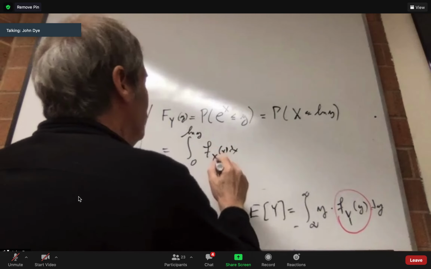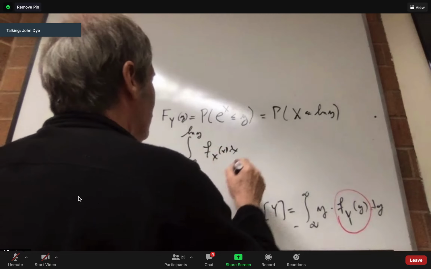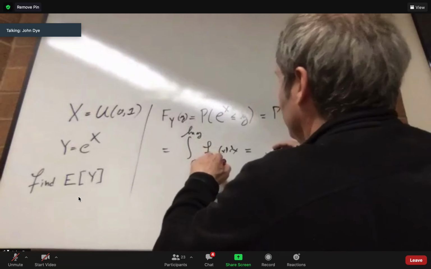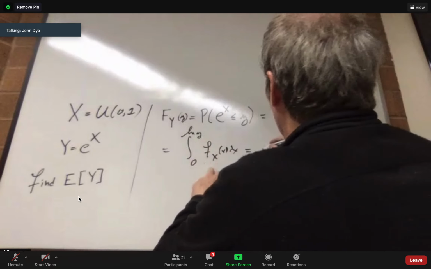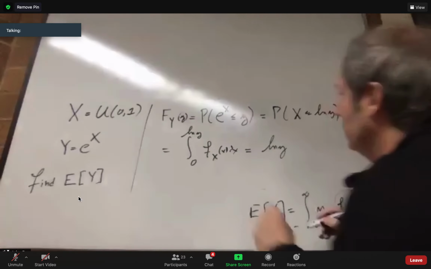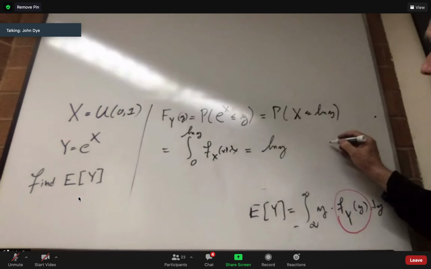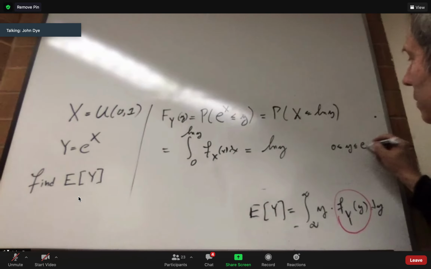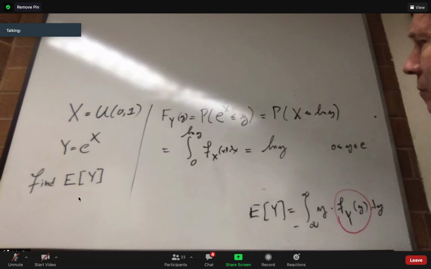But the density is just 1. So you integrate that, you get an x, so it's log y. But it's important to realize that the y's go between 0 and e in this formula.